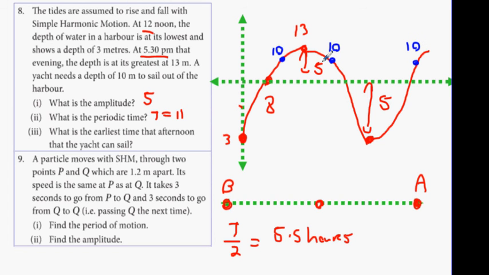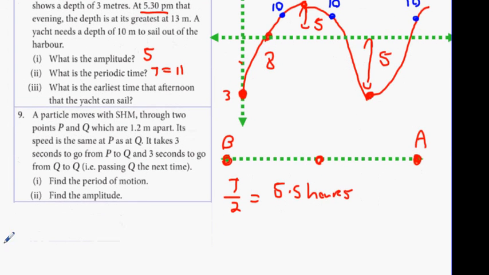So what we have here, guys, is: what's the earliest time in the afternoon that the yacht can sail? So we want an x value of, it would be technically 10, wouldn't it? But because we're modelling this on a cos function, how far above the x-axis are you?